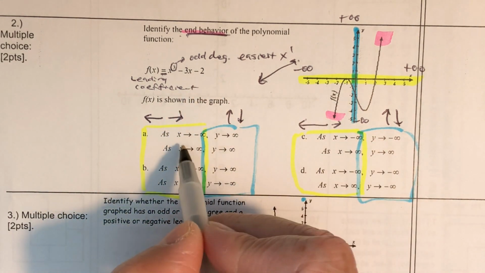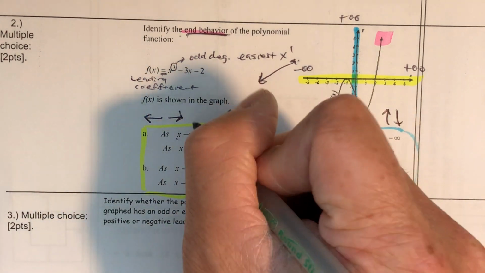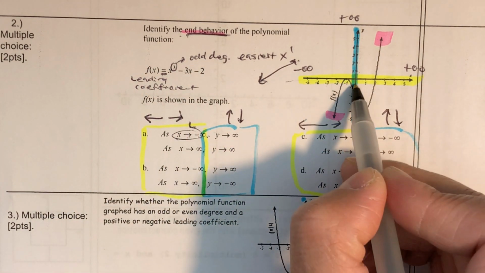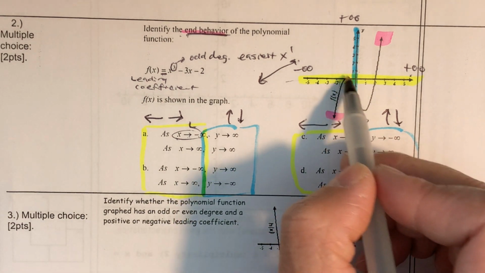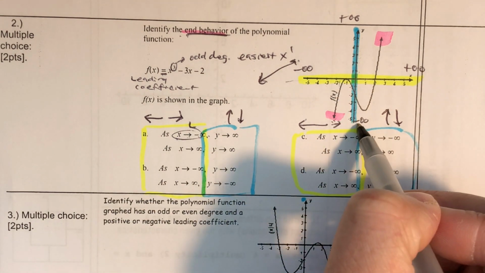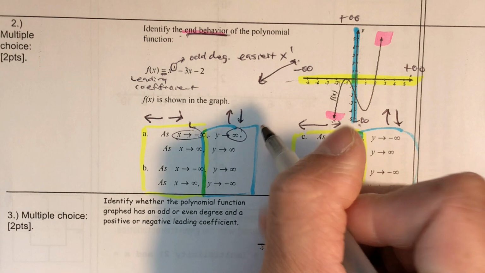So this one says, as x approaches negative infinity, as x goes to the left, what's happening to our graph? Our graph should be going, on the blue, is going down. So down is the blue box, and that would be negative infinity. So I really want to see that say negative infinity.